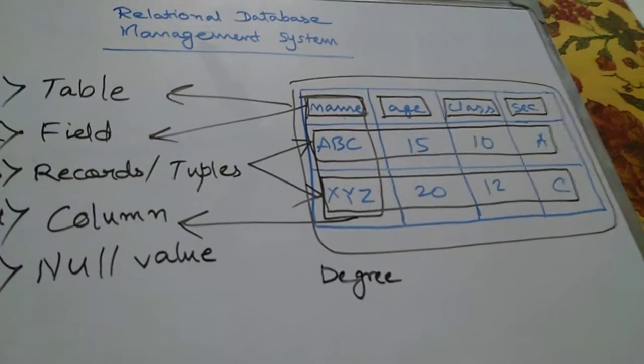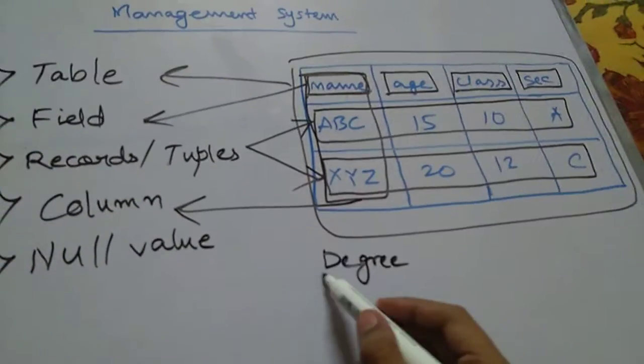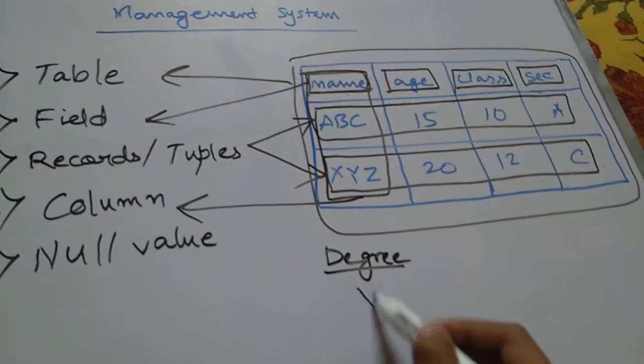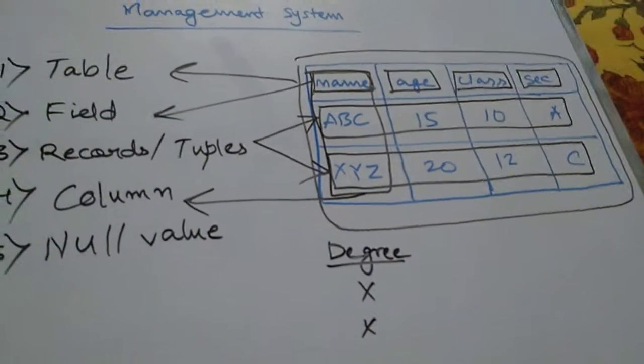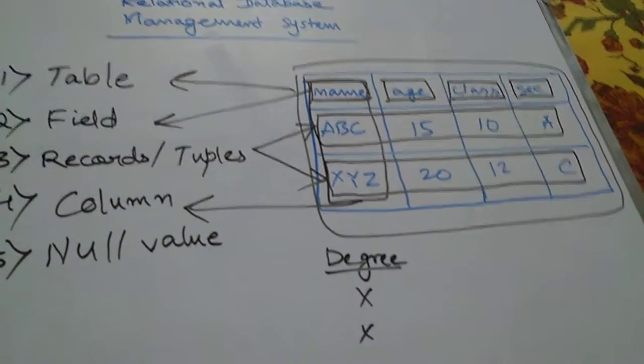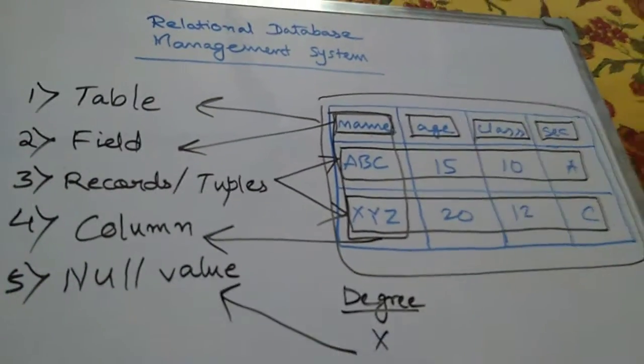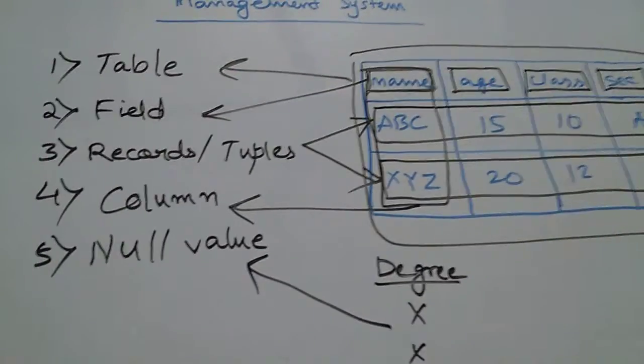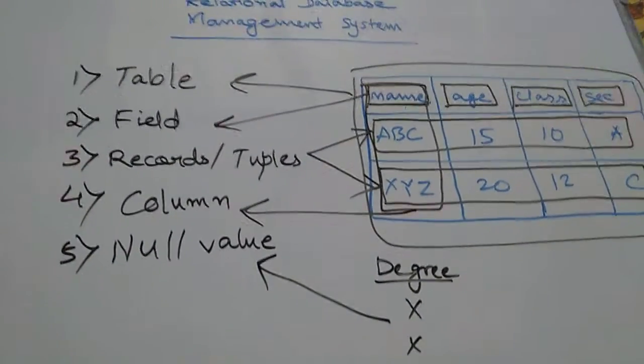No degree will be there, so this field will remain null. That is, it will contain no value, it will remain empty or blank. That is known as null value. So this is the null value.